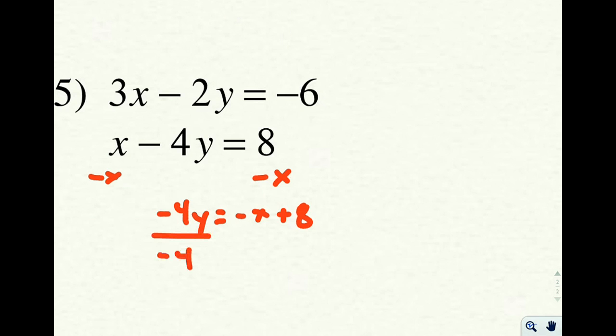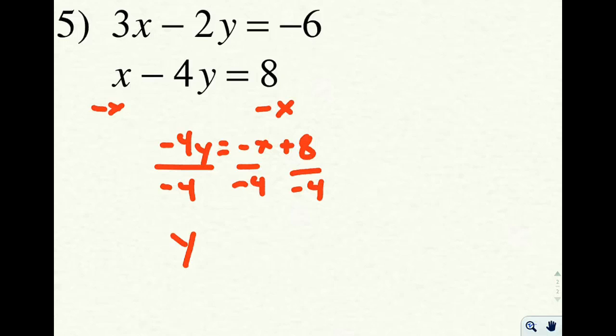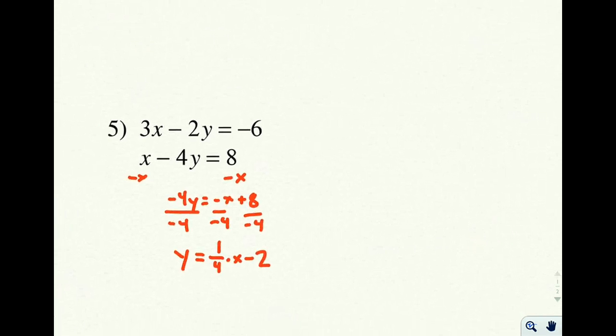Divide by my negative 4 all the way across, and I get y equals, my negatives cancel here, so x over 4, and I'm actually going to write that as 1/4 times an x. That way it looks more like the form we're used to. So 1/4 times x, mathematically the same. And then 8 divided by negative 4 is negative 2, so minus 2. So that's one equation.